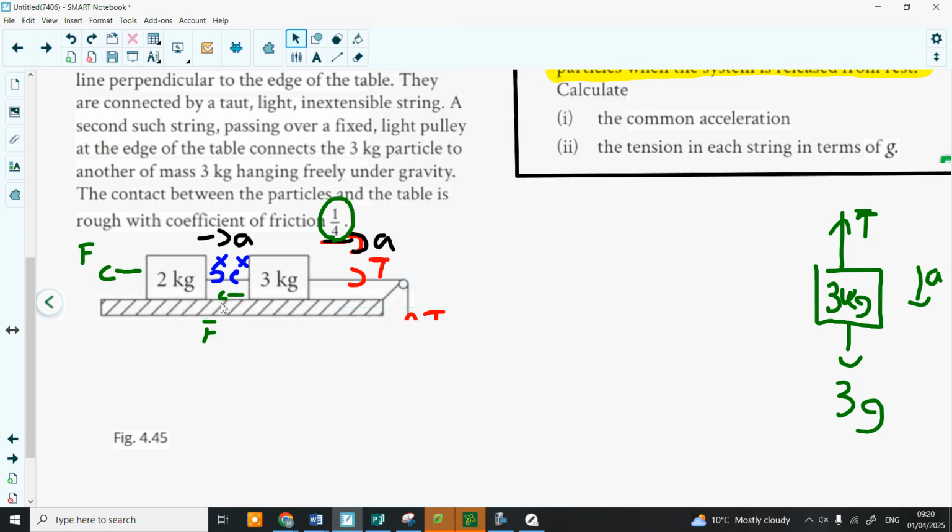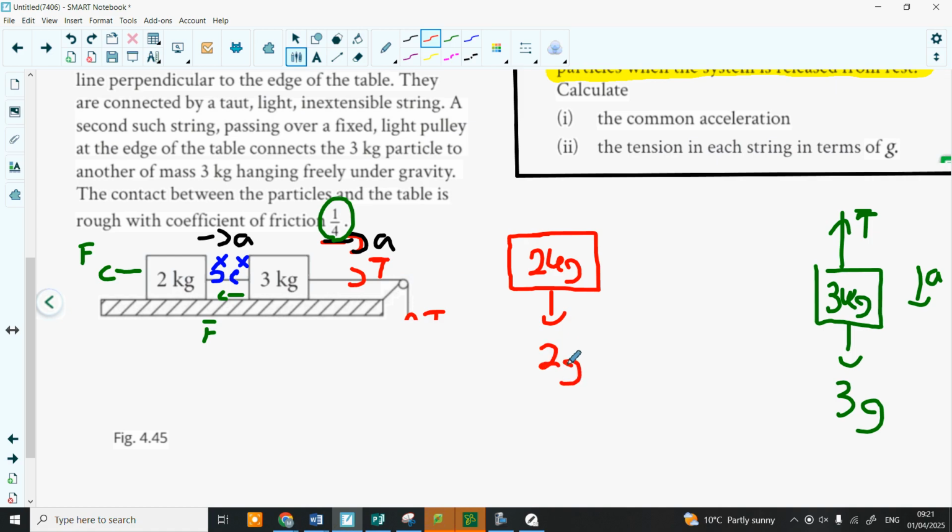That's gone. I'll do the 2 kilogram particle now, okay? Here we go. Now, is the 2 kilogram particle sinking into the table? No. So it has 2G going down, where R does equal 2G. You're completely correct about that. What's pulling it to the right?